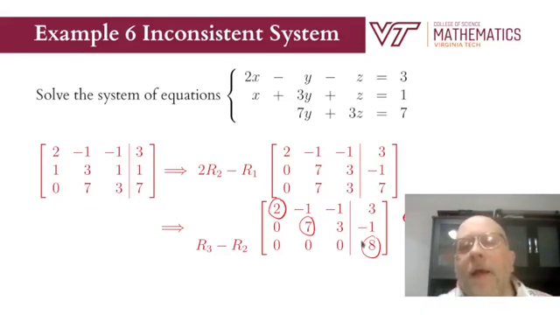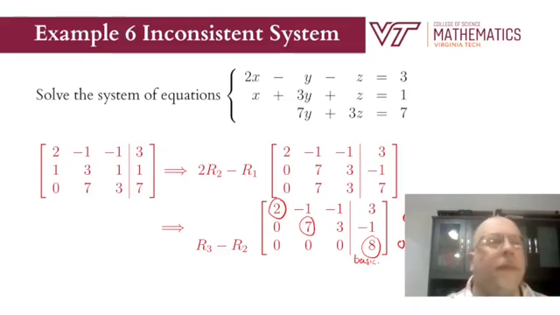But the last column is basic. The bottom row says that 0 times x plus 0 times y plus 0 times z is equal to 8. And this can't happen. You can't see this because I'm blocking your way.